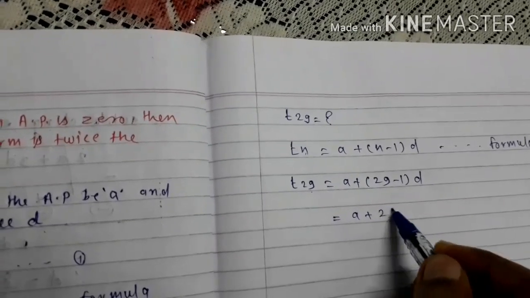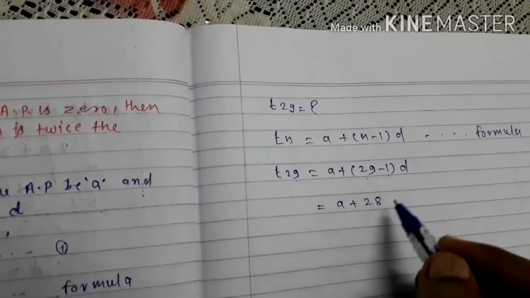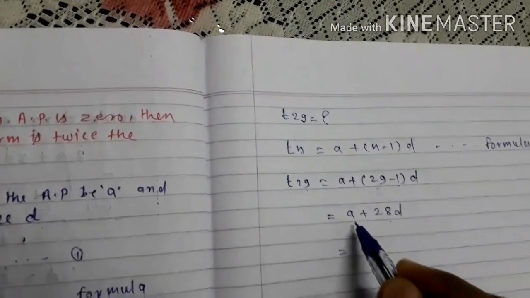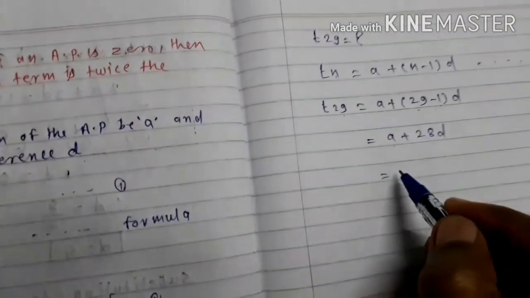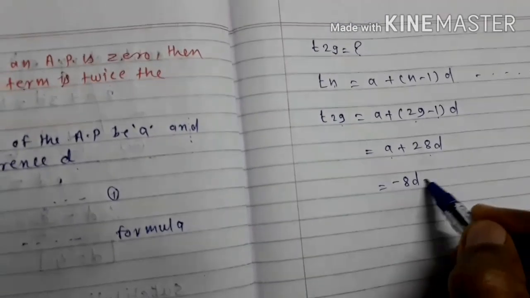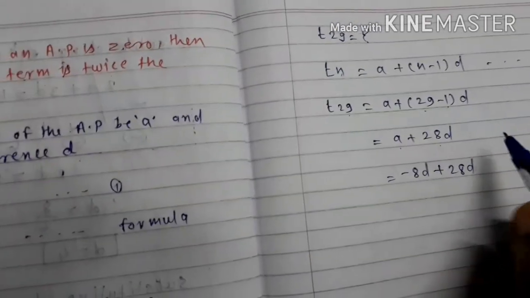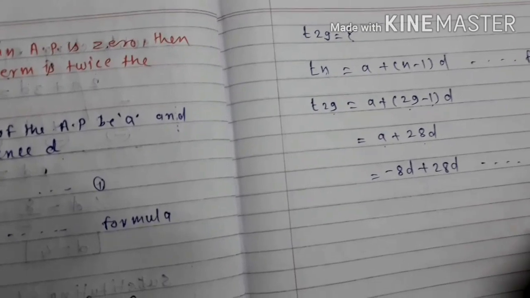A plus 28d, but a is equal to minus 8d from 2.